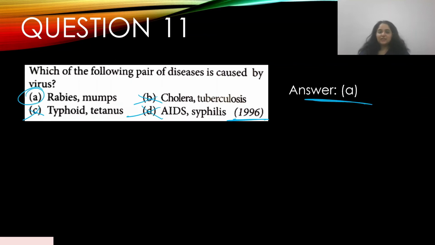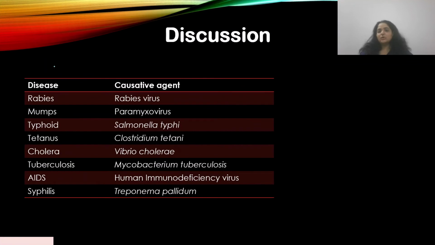Answer is A. Like I said previously in part 1, you should know the disease and the causative agent, whether it's a bacteria, a worm, a virus, and so on. I've made a list of all the diseases that were there in the question. If you like, you can note this down. We already discussed this before in the previous part.